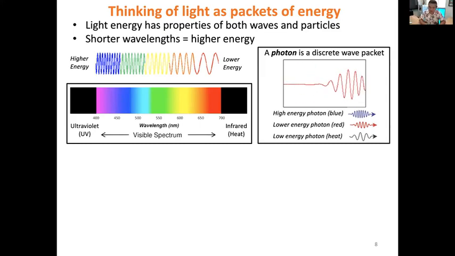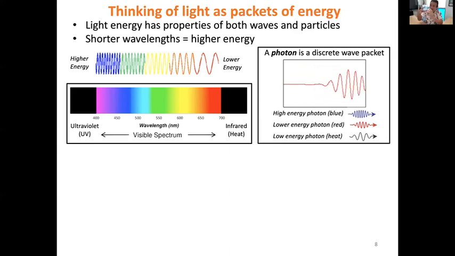And that's what a photon is. So a photon is a discrete packet or bundle of waves, but within that bundle, the waves themselves can be really tight and compressed, high energy, or they could be more stretched out, low energy, all right? So that's why light is considered both as a wave and as a packet.